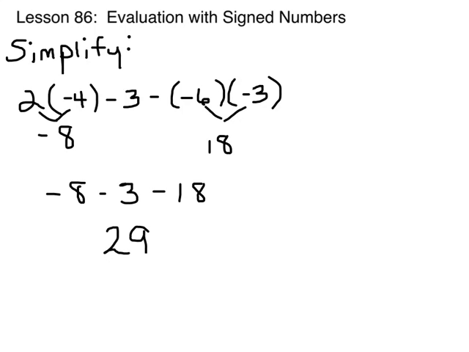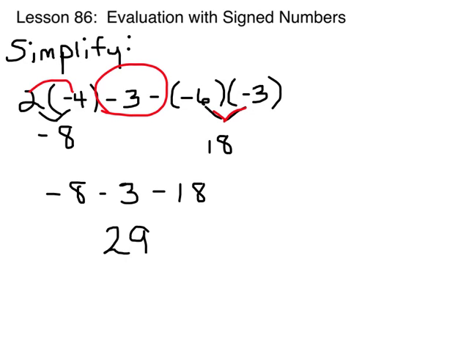Well, we know that this 2 is going to have to distribute over this -4, and we get a -8. And these two here are side by side, no sign in between, so they are also going to multiply, and 2 negatives is going to equal a positive. Then I'm just going to bring down this that's in the middle.